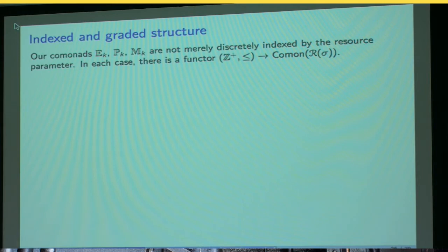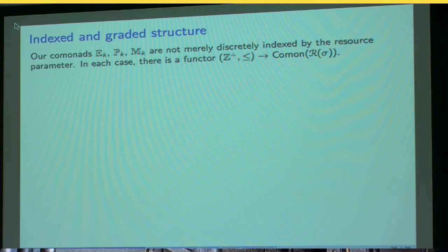I think this gives a hint that by introducing indexed and graded structures on monads and comonads, we can start to get access to some of the typical definitions and modes of thought of combinatorics and algorithmics. My feeling is that there's quite a lot of scope for further connections of that kind.